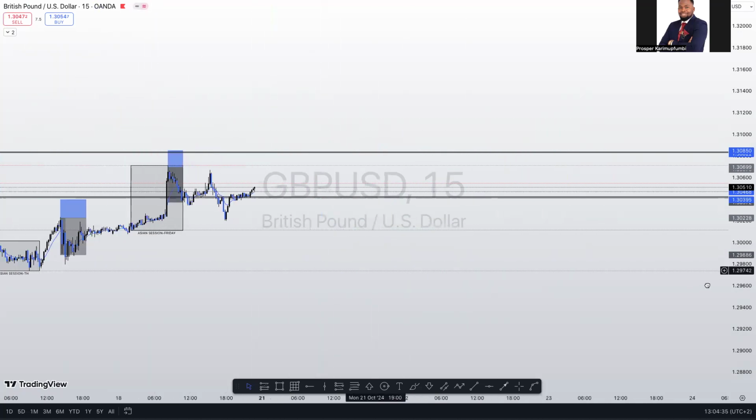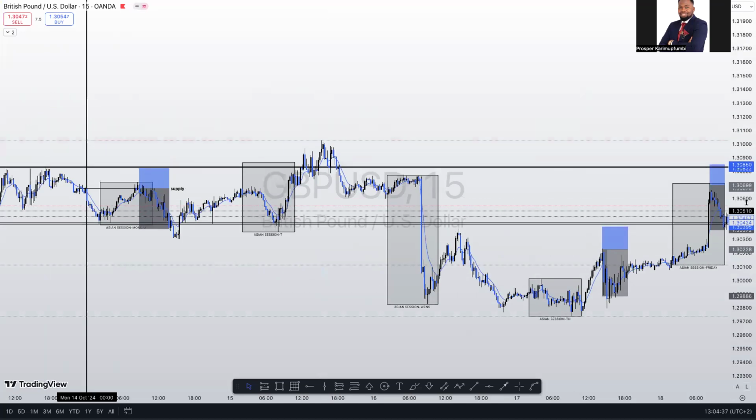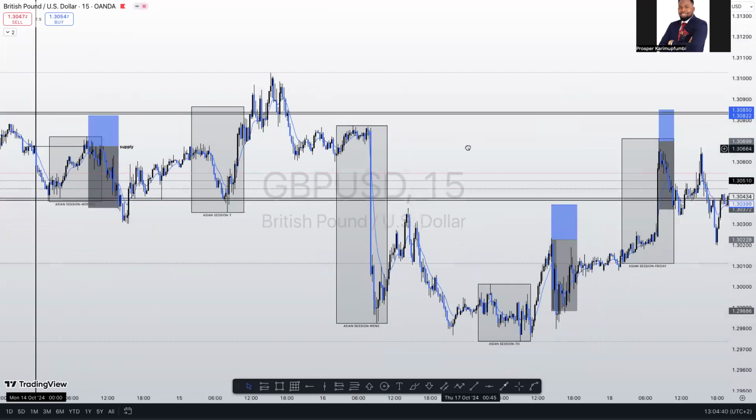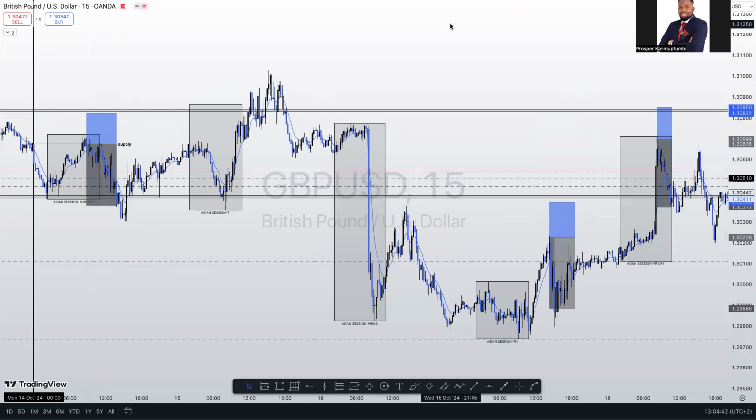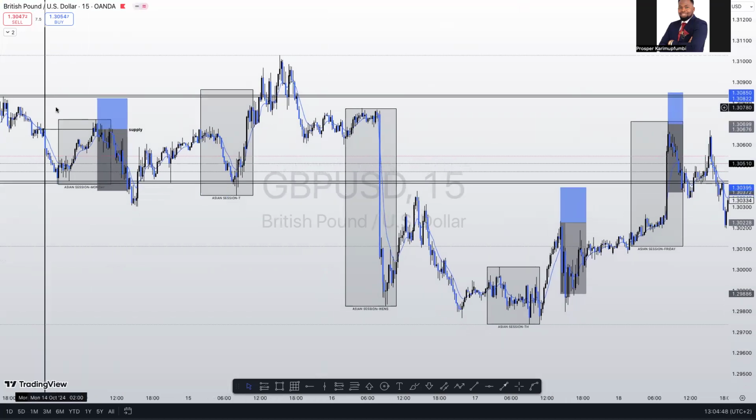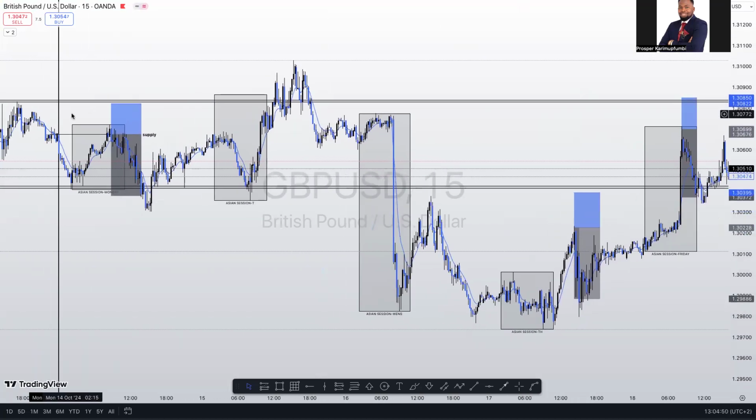So coming back to the point where the market opened here on Monday, right, you can definitely see that when the session opened, GBPUSD had to give some sales, right, going to that support zone down here, right?